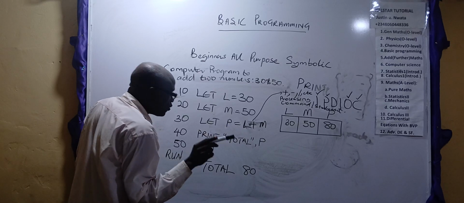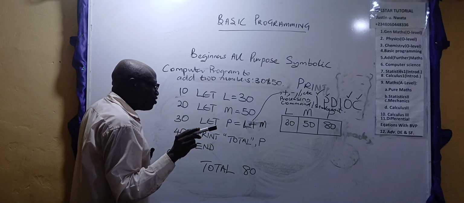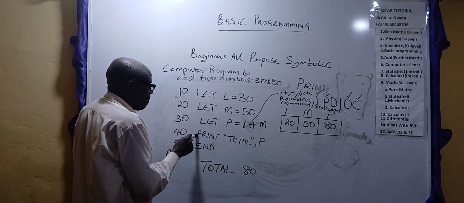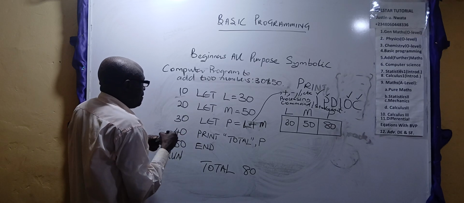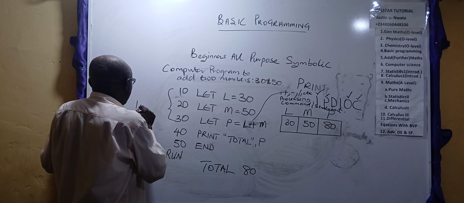Now, what is the instruction for you to act? You give instruction, output. This is the output. This three is what? Input command, input.